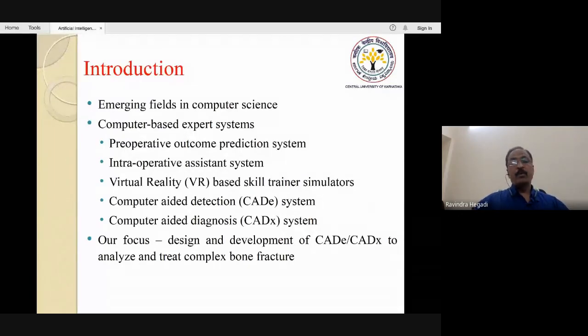Then the intra-operative assistance system. See, when he opens the part, when he cuts the body and opens it, there also he will have muscles, blood and all. And then exactly how to join those parts is also challenging for the medical expert. If he is a very senior surgeon, he will know the entire detail of the anatomy.